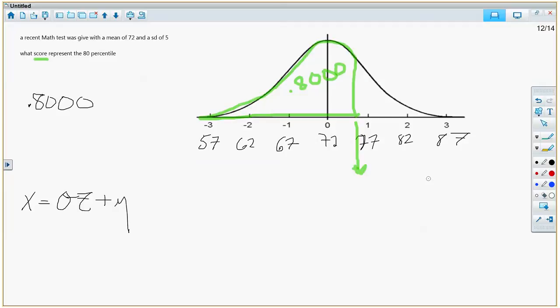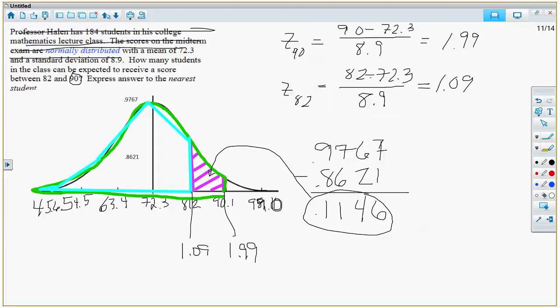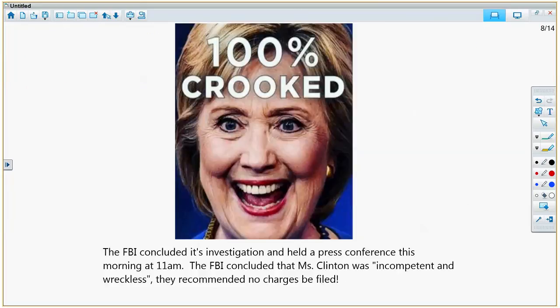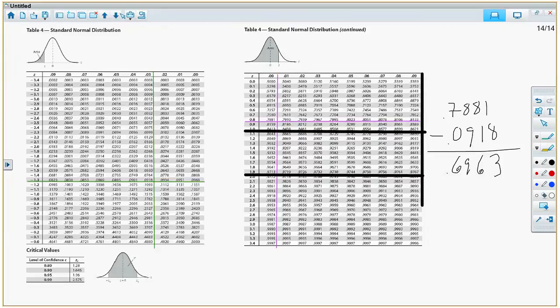Area. What is area? 4 place values, right? So find the 4 place values that is close to 0.8000. Where is it? Well, here it is, right here.